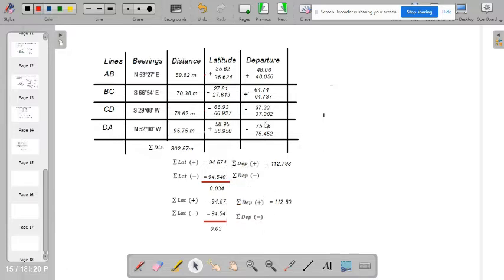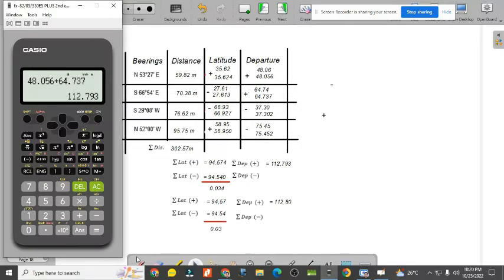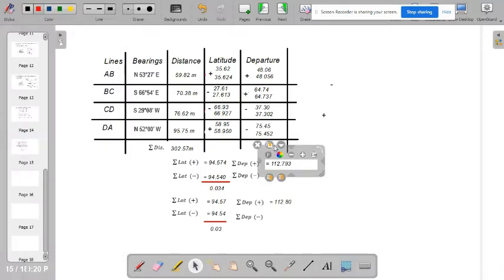Let's add the negative. So 37.302 plus 75.452, that is 112.754.